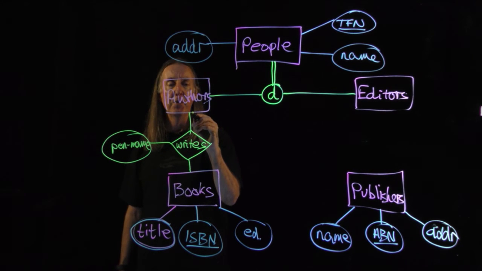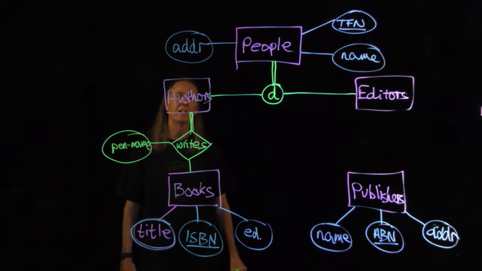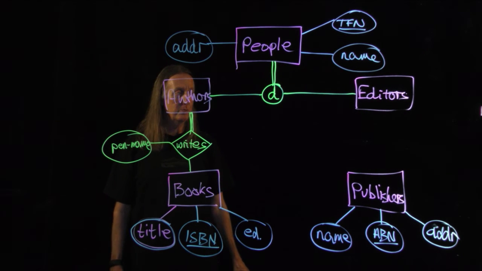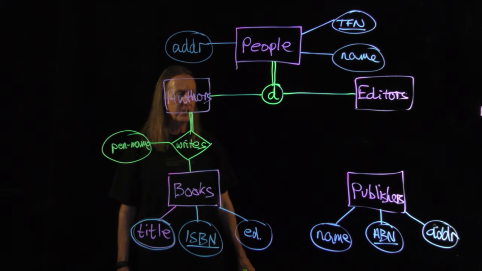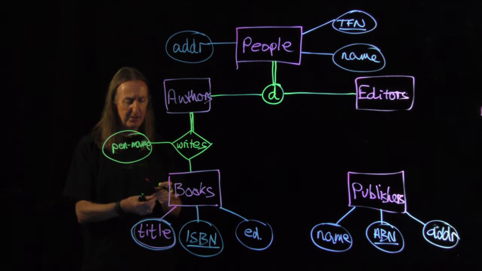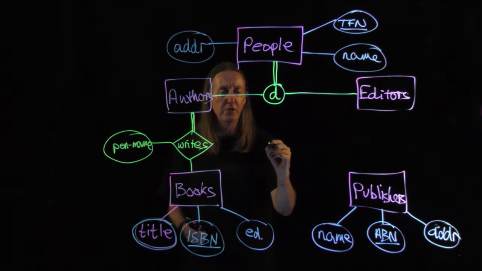However, an author, it would be a bit strange if they wouldn't really be an author if they hadn't written a book. So there'd be a total participation constraint there. Well, there should be. Let's see. So one of the other requirements was that books have an editor, and every book has one unique editor.